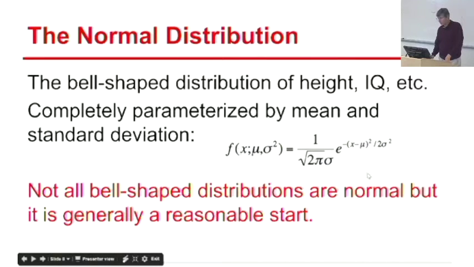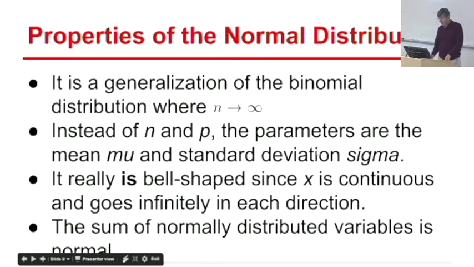The normal distribution looks a little frightening with all those e's and square roots. But in reality, it is basically a generalization where n goes to infinity, and the parameters change. Now, instead of how many flips we have and what the probability is, it's parameterized by what the mean is and what the standard deviation is.